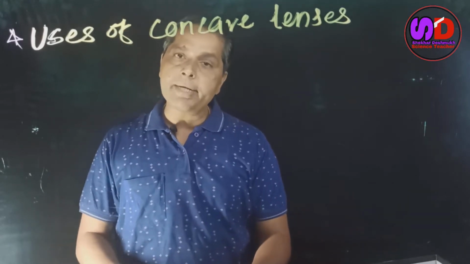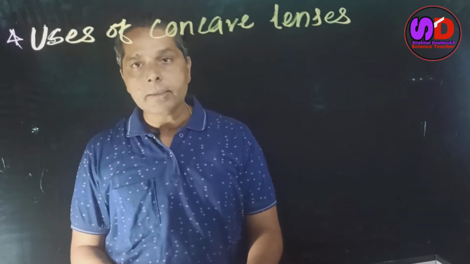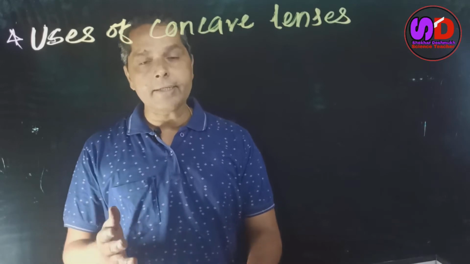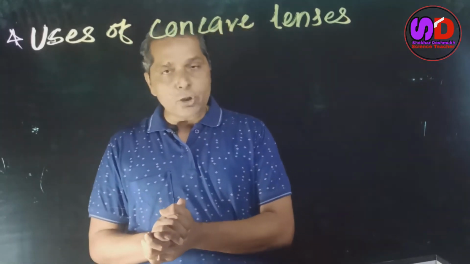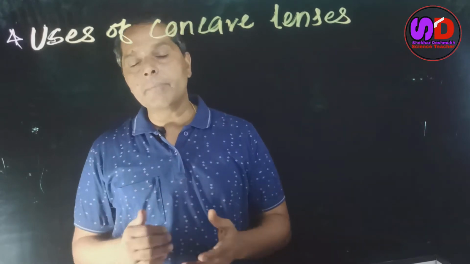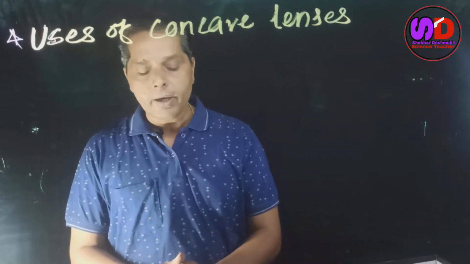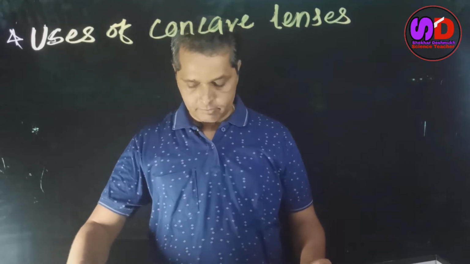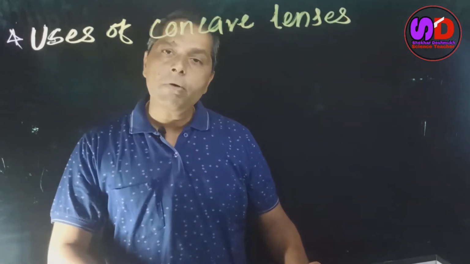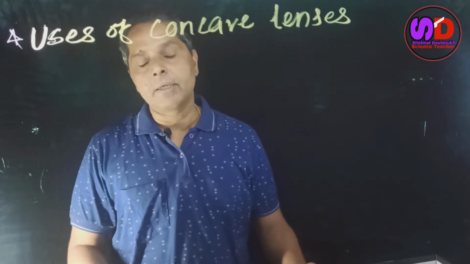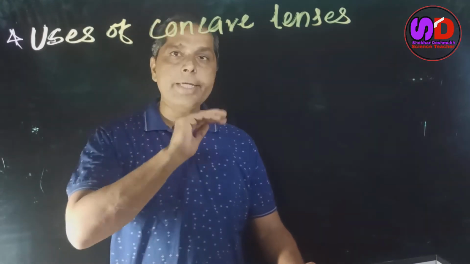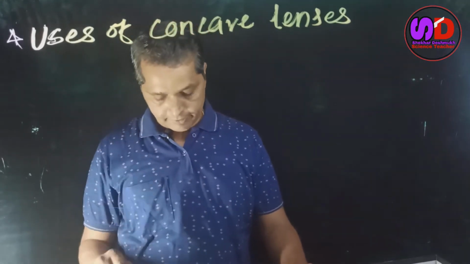In medical equipments, in scanners, in CDs, CD writers or CD players. In these instruments, a laser beam is used, and to improve the quality and for proper working of these equipments, concave lenses are used there.